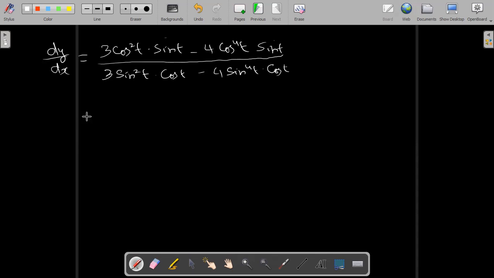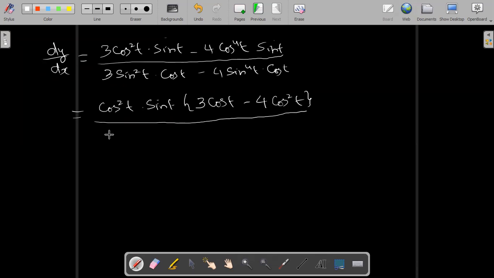This was the last term. Now take out common cos square t and sin t from the numerator. So 3 is left and 1 cos t will be left, minus 4 cos square t is left. Correct?